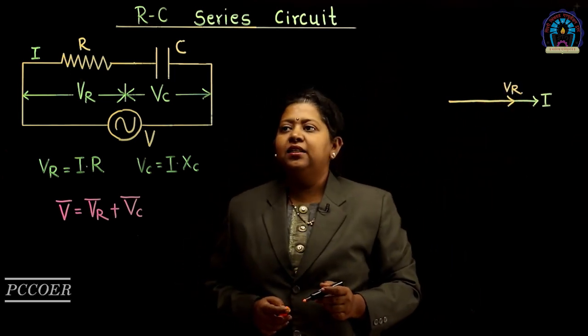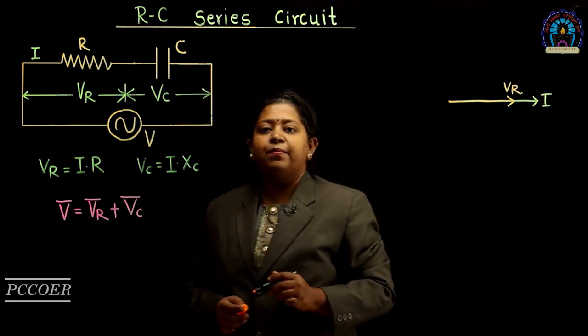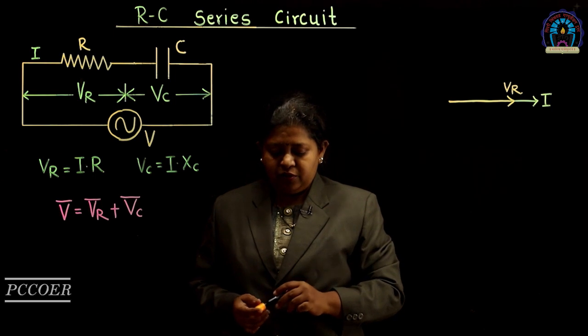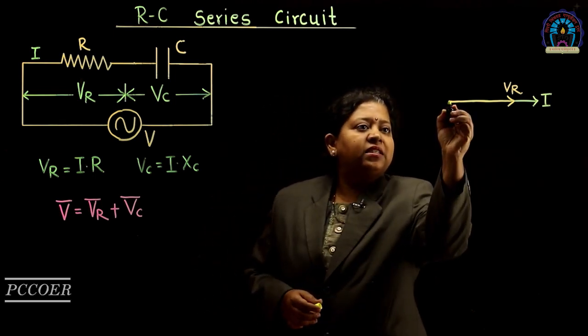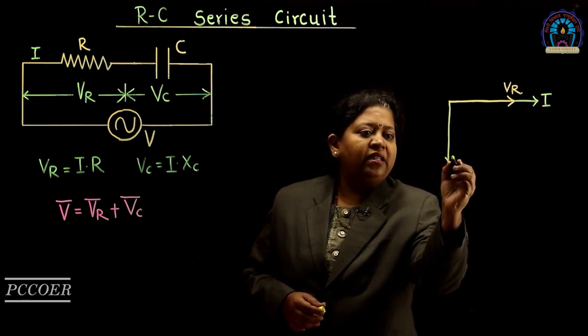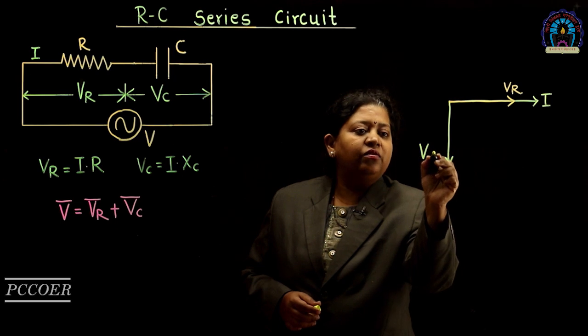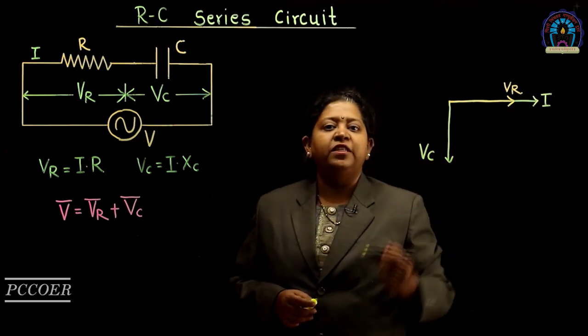For capacitor, the current flowing through the capacitor leads the voltage across capacitor by 90 degree. So, we will have to draw Vc such that current leads the voltage by 90 degree. This is Vc.